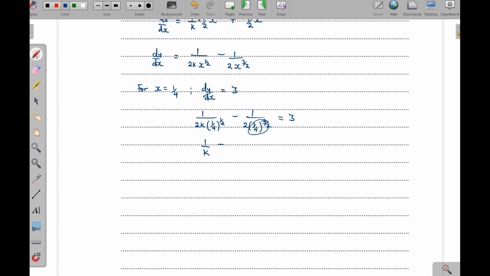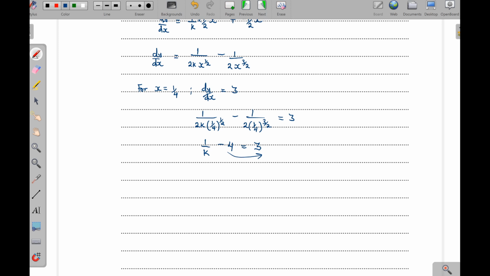For the second term, 2 times the square root of a quarter gives a half. Then you cube, so you have 2 times 1 over 8, which is a quarter. So 1 over a quarter is 4. So here we get 4, which is equal to 3.